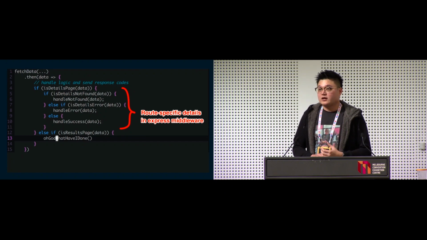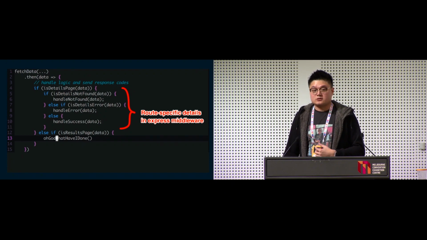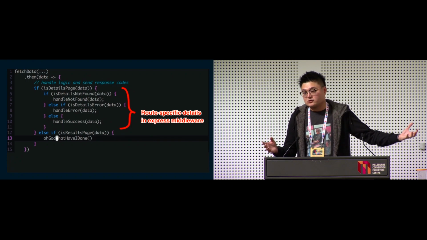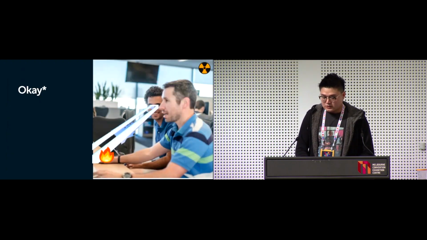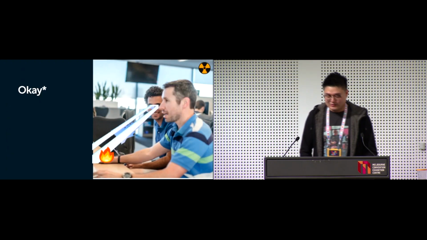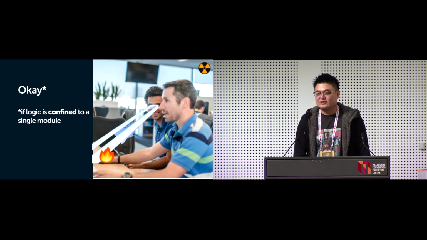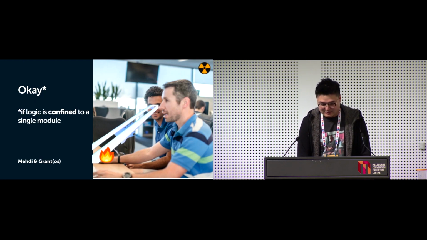So for example, if something on the details page was wrong, it could have broken the results page as well when it didn't have to. So that's no longer really okay if the logic is confined to single modules. So Mehdi and Grant weren't really happy with it.